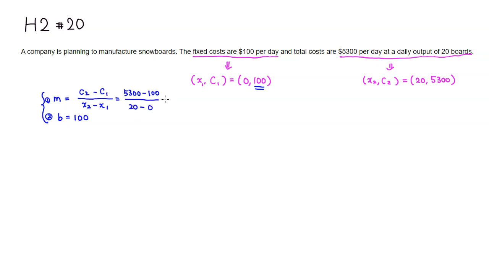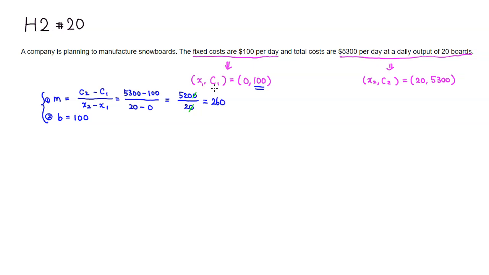So this is going to be 5,200 divided by 20. We can scratch out one of the zeros, and 520 divided by 2 is 260. All right, so that's the slope.